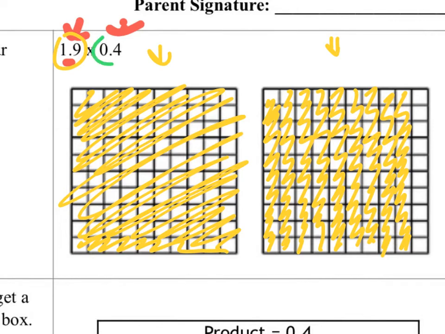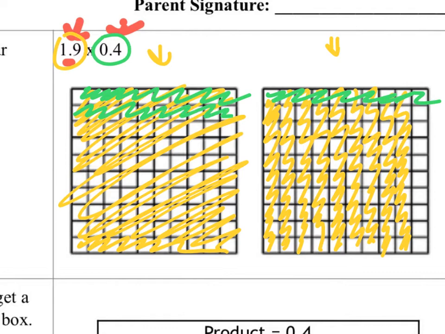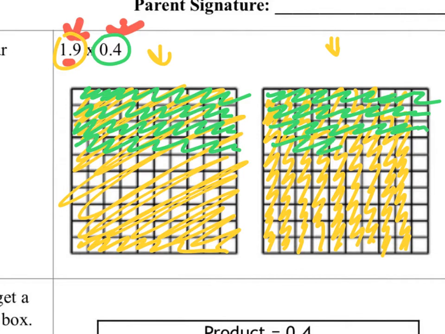I'm going to do the other decimal, which is 4/10. I need to go sideways this time, because I went up and down for the first one. So you want to do it for both of them. That's 1/10, 2/10, 3/10, and 4/10.